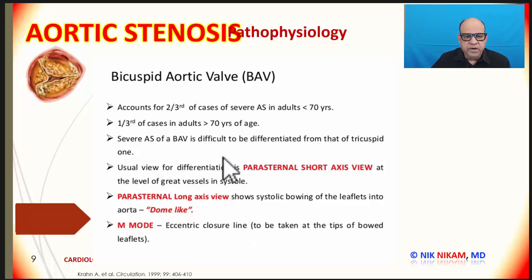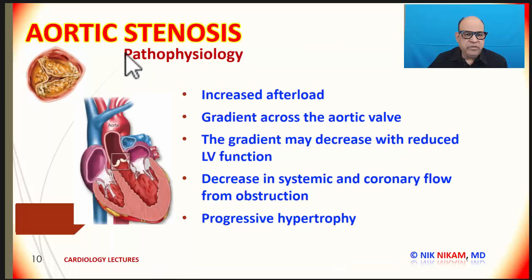Another important feature of a bicuspid aortic valve is the eccentric closure line noted on M-mode echocardiography. However, a transesophageal echocardiogram can very clearly delineate the difference between a bicuspid aortic valve versus degenerative changes resulting in aortic stenosis in a tricuspid aortic valve in the advanced age group.